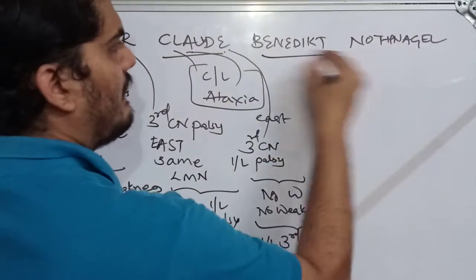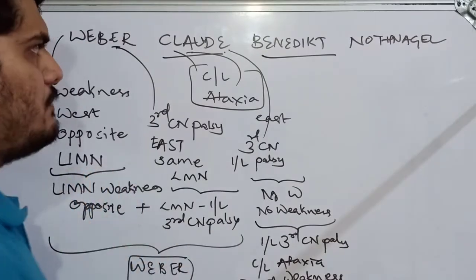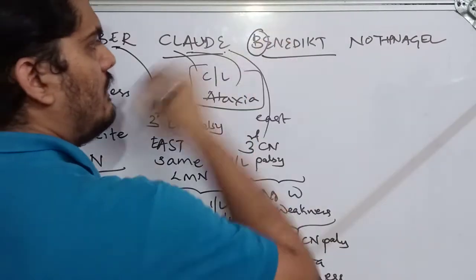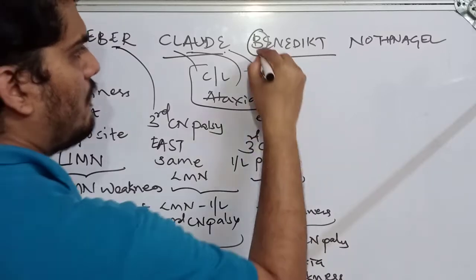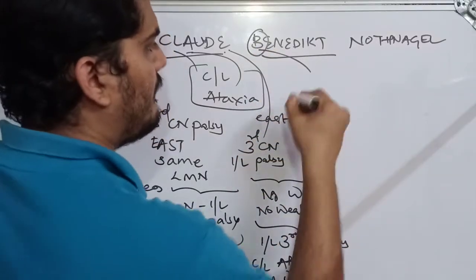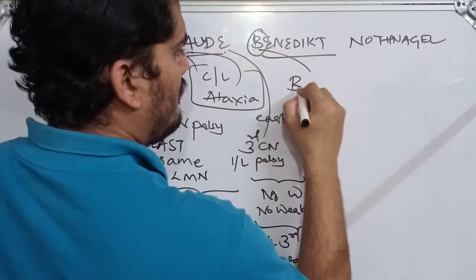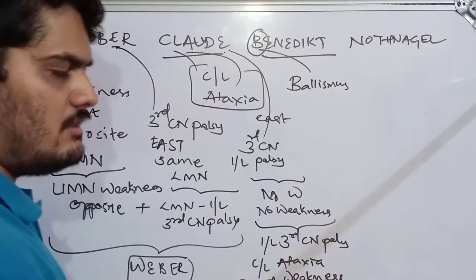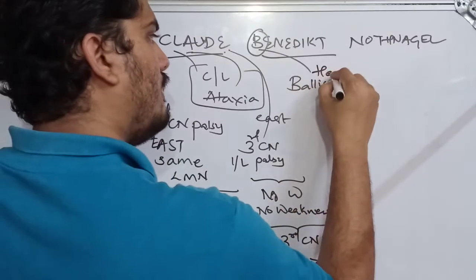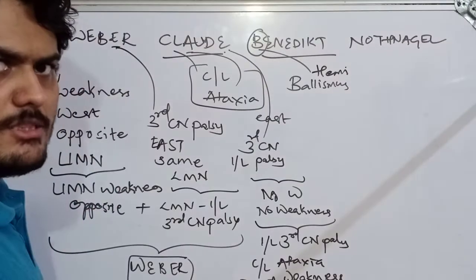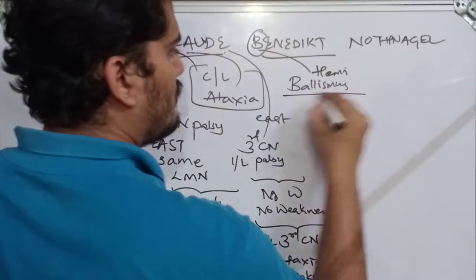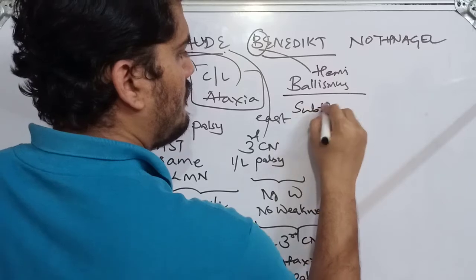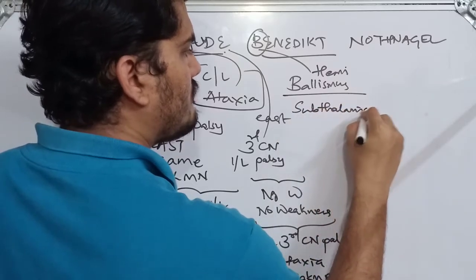Next one, Benedict syndrome. There is only one important point to know in Benedict syndrome: just look at the word B. What will this B indicate? B indicates ballismus, that is hemiballismus. As you know, hemiballismus is associated with a lesion of the subthalamus.